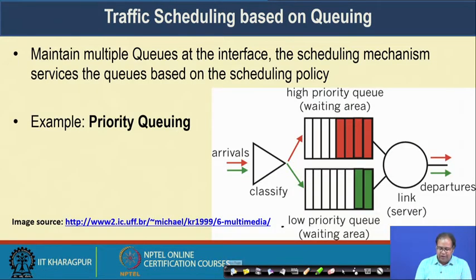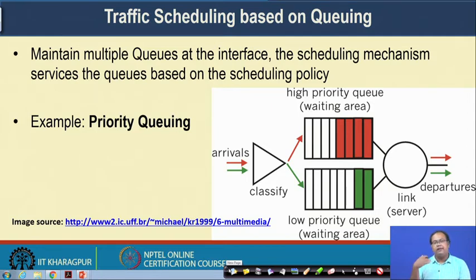And the example that I was discussing in terms of priority queue, that you maintain multiple queues at the interface, the scheduling mechanism services the queues based on the scheduling policy. So, one example is the priority queue that I was mentioning. On arrival of a packet, you classify the packet and then put it either in the high priority queue or in the low priority queue.